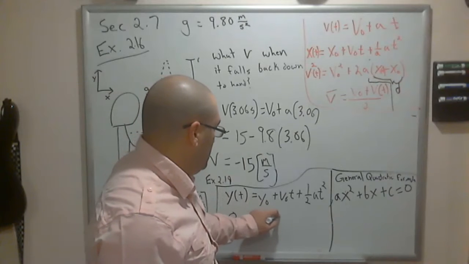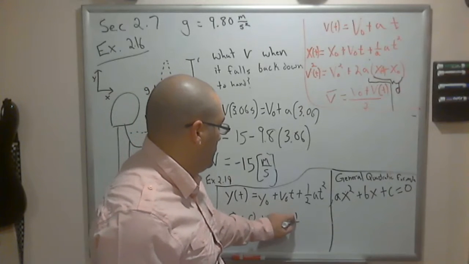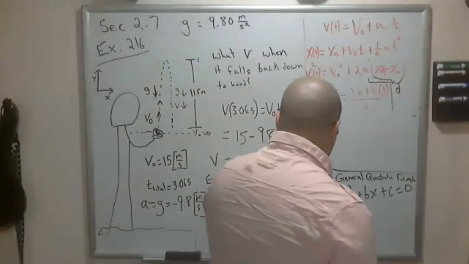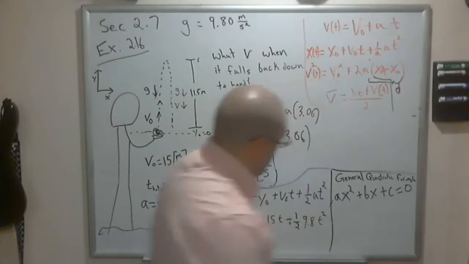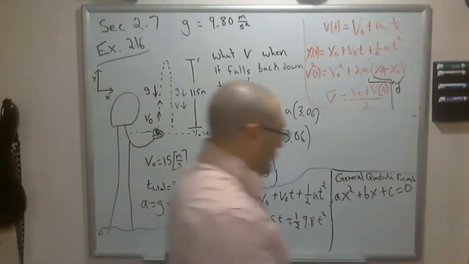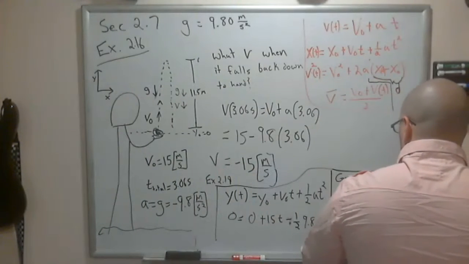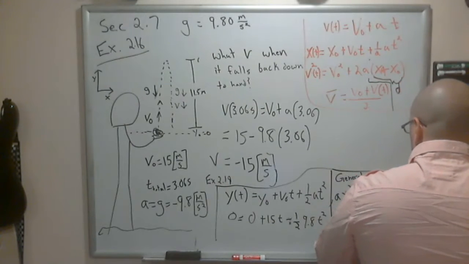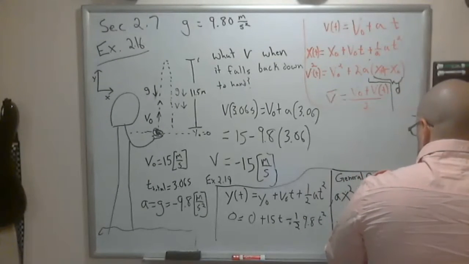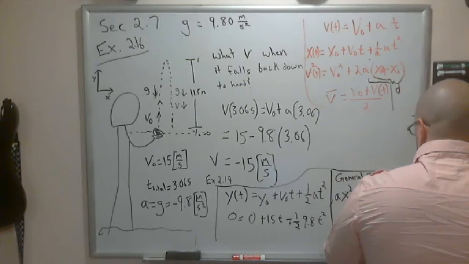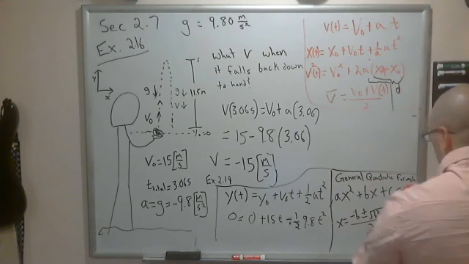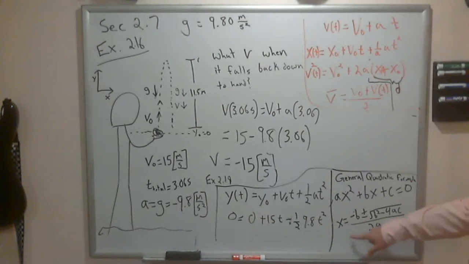This is 15t plus 1/2, I'll put the minus sign outside, 1/2 9.8t squared, right? And from high school algebra, we know that there are two solutions in this case: x equals minus b plus or minus the square root of b squared minus 4ac, all over 2a. So this is the general formula to solve a quadratic equation.